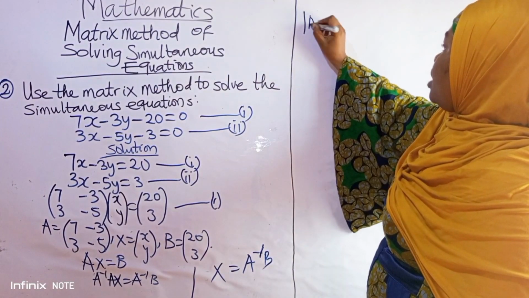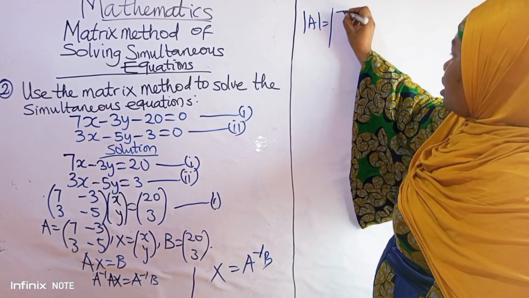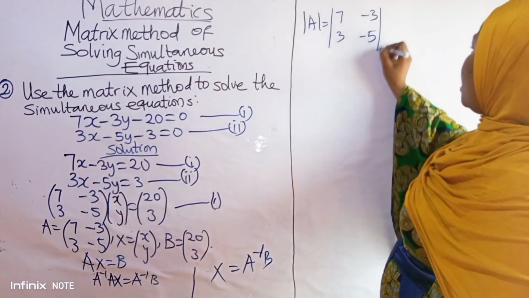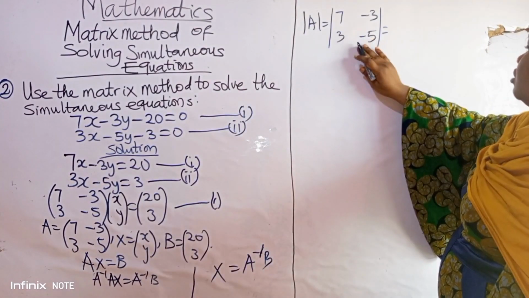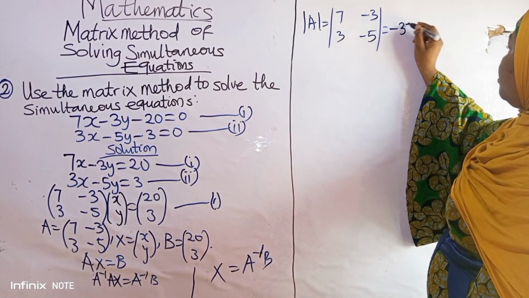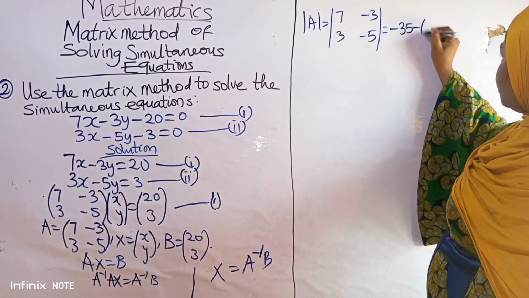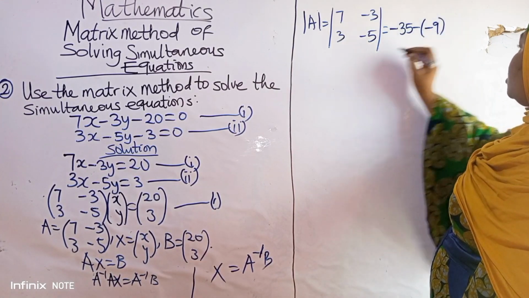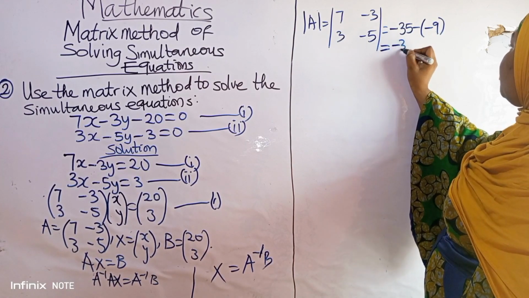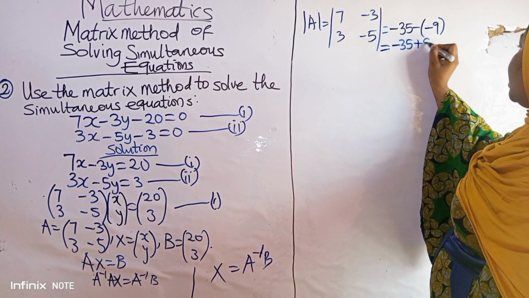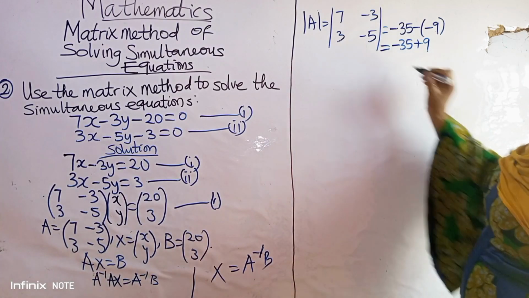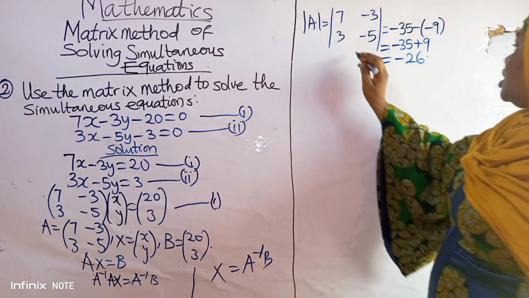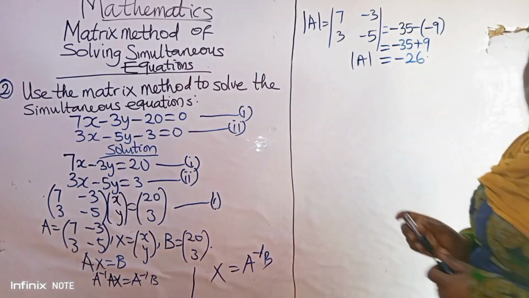So the determinant of A, with 7 minus 3, 3 minus 5, is 7 multiplied by minus 5, which is minus 35, minus 3 multiplied by minus 3, which is plus 9. So this gives minus 35 plus 9, and that is minus 26. That means the determinant of A is equal to minus 26.